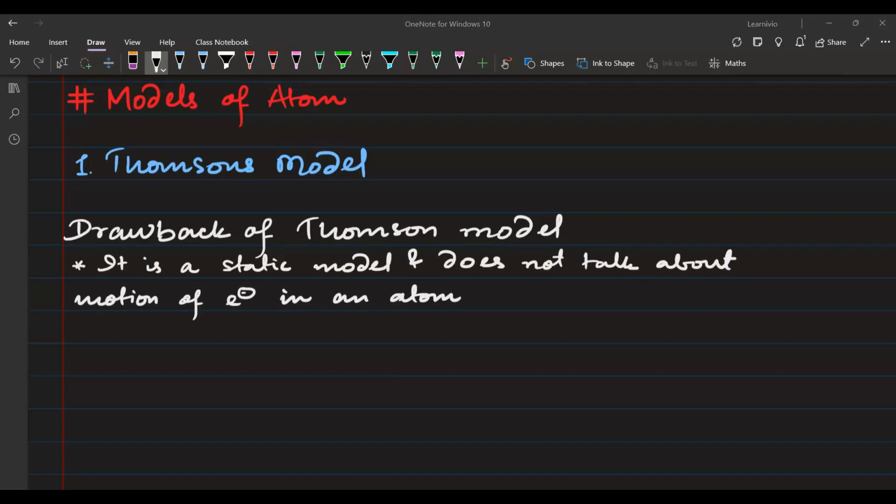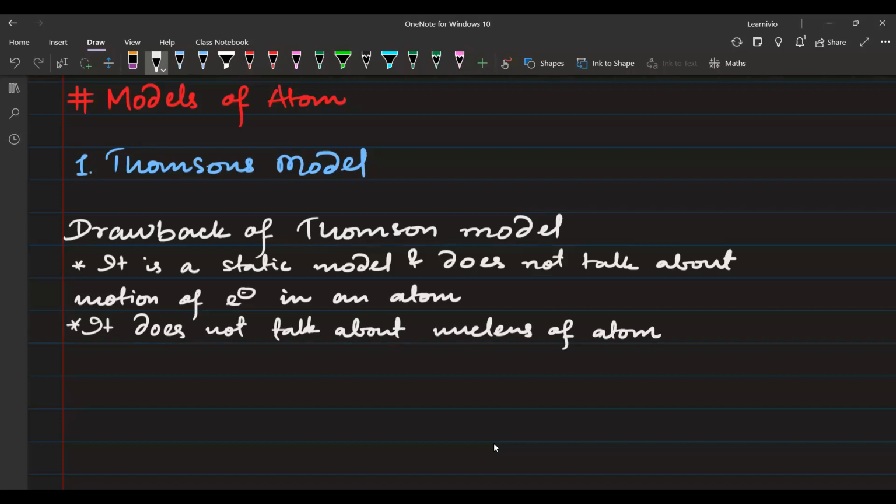Another drawback, इसमें it does not talk about the nucleus of an atom. Another thing that it does not talk about is how the positive charge is holding the electron inside the atom.